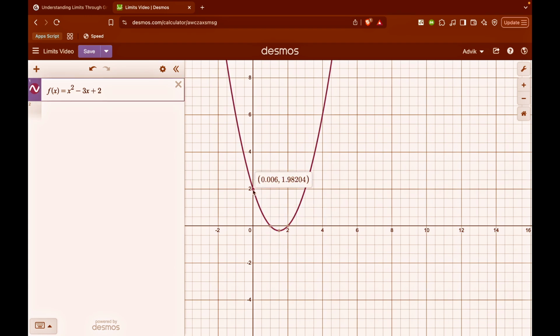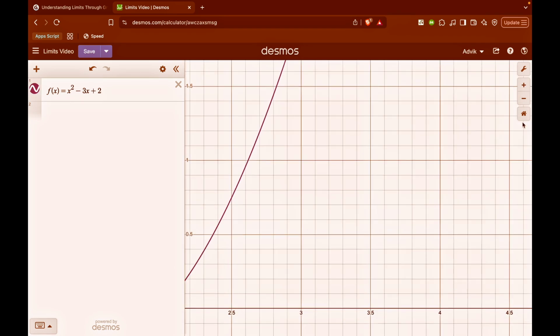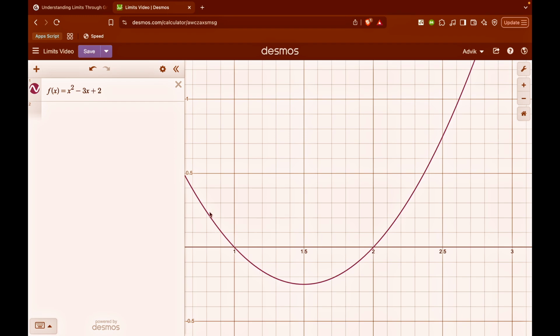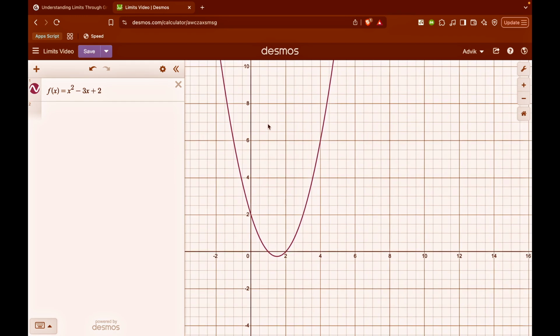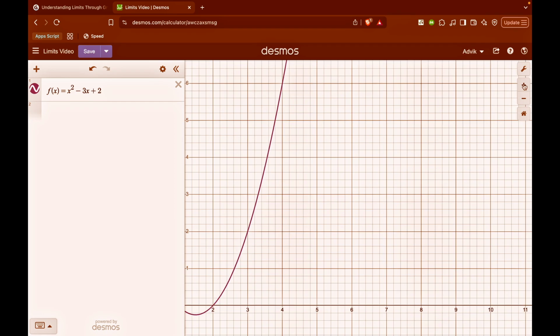If we approach it from 2, then it starts to go closer and closer to 0. And if you want a little more proof, we can zoom in to about 0.99. And as you can see, it's very close to 0, only off by 0.01. So that proves that it goes to 0 from the left-hand side.